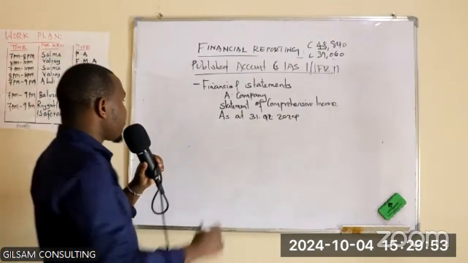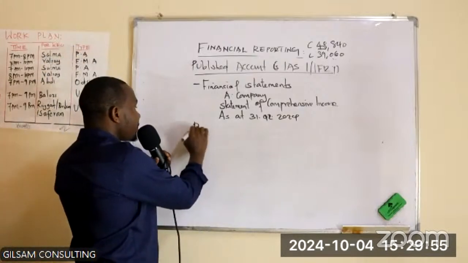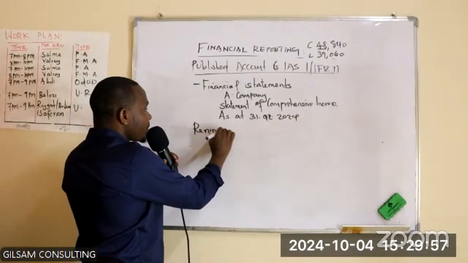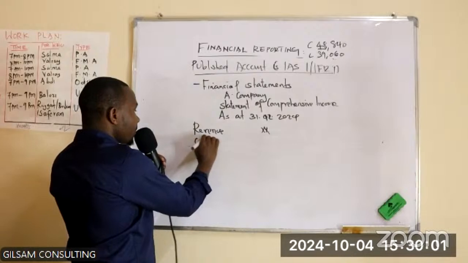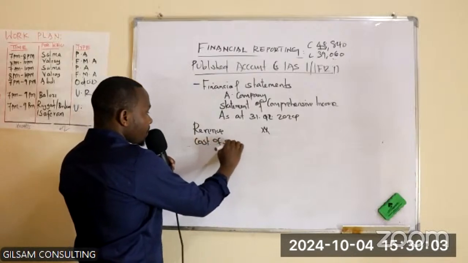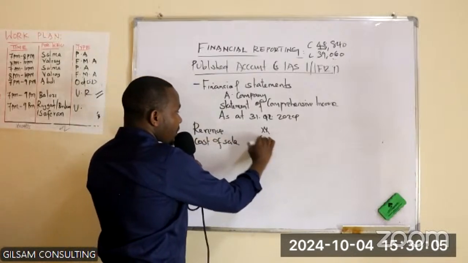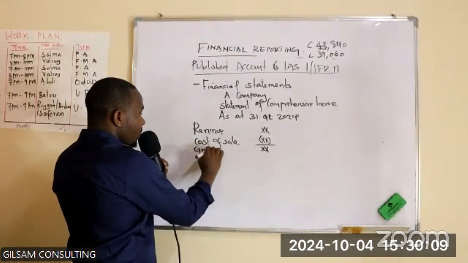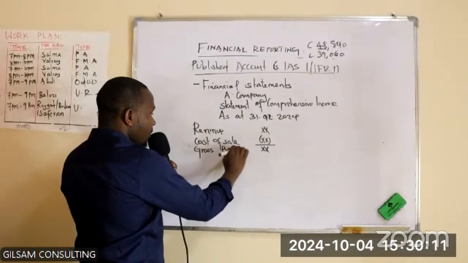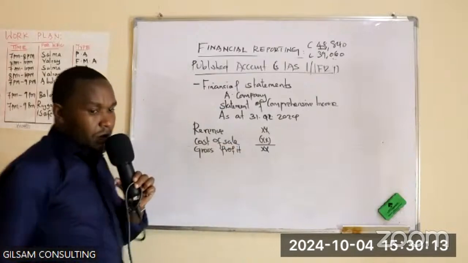And then as usual we start with the revenue. Cost of sales. We subtract the cost of sales for you to get the gross profit.